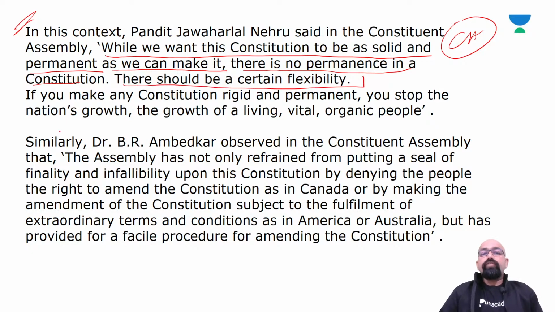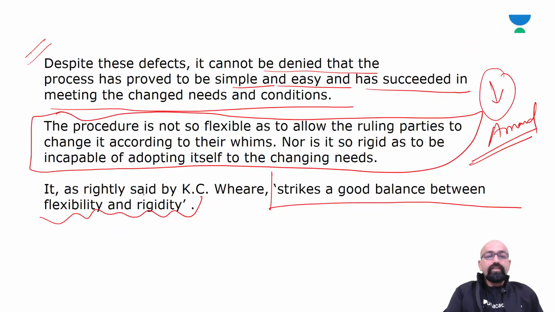If you make any constitution rigid and permanent, you stop the nation's growth, the growth of a living, vital, organic people. So according to these experts, K.C. Wheare has said that it strikes a good balance between flexibility and rigidity in accordance with the amendment.